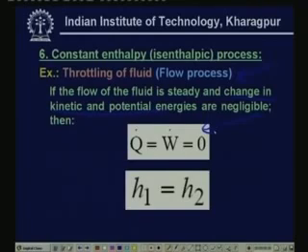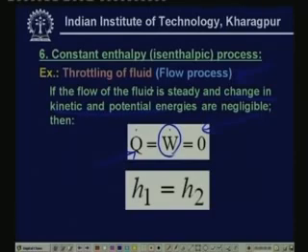For such a process, if you are assuming that the throttling is taking place in a small area, then there is no area available for heat transfer, so Q dot will be 0, and no work is done during this process, so W dot is also 0. So Q dot and W dot are 0 for the throttling process in a steady flow.